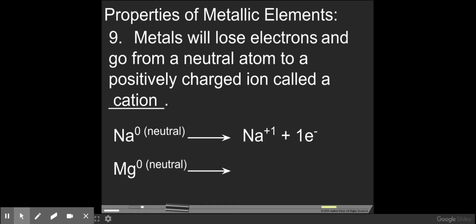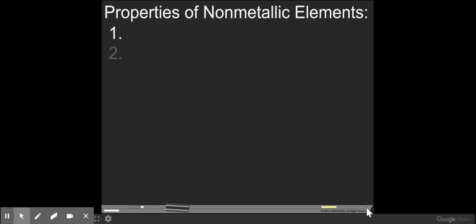Similarly, you could have magnesium, which is in group 2, and it goes from neutral as it's shown on the periodic table, and because it has 2 valence electrons, it wants to lose both of them, and so it will go to a +2 charge, and here are the 2 electrons off of the magnesium atom.